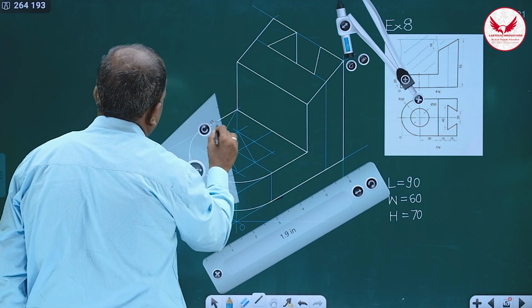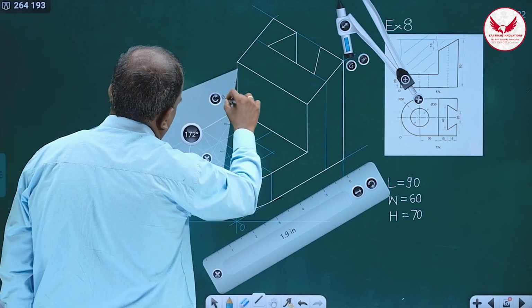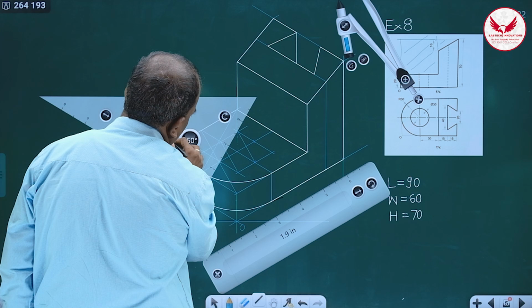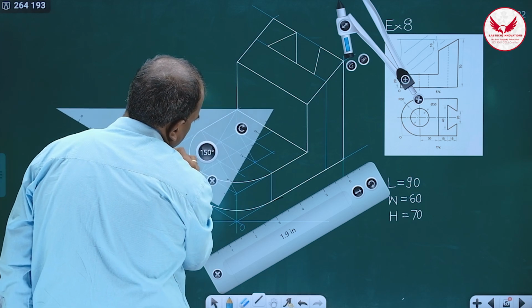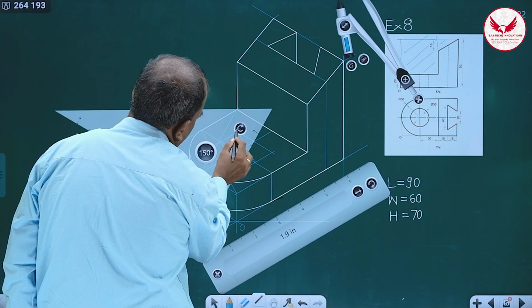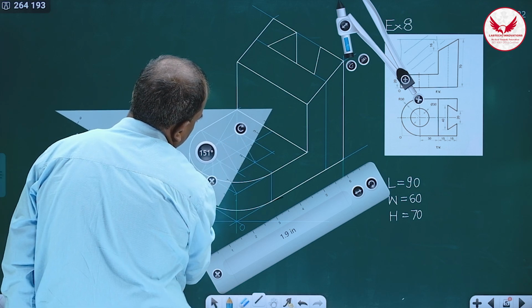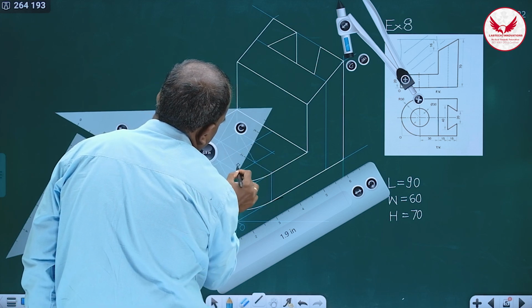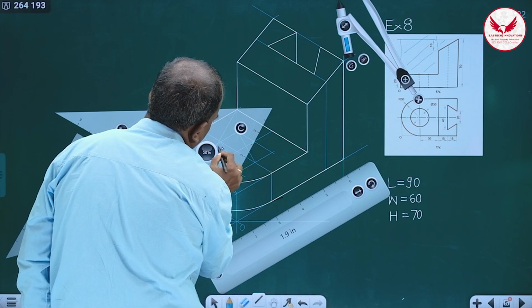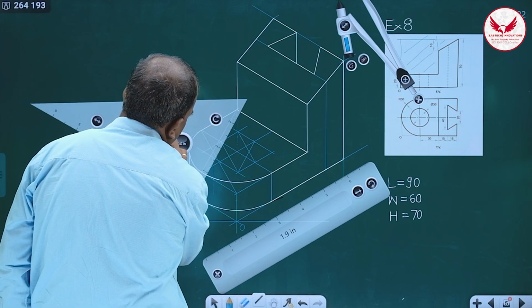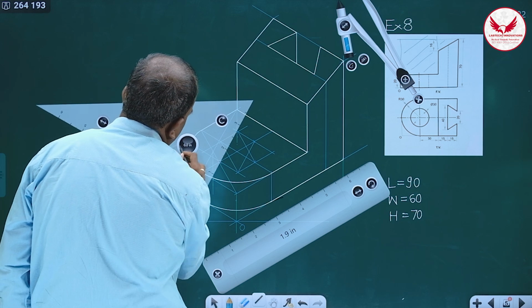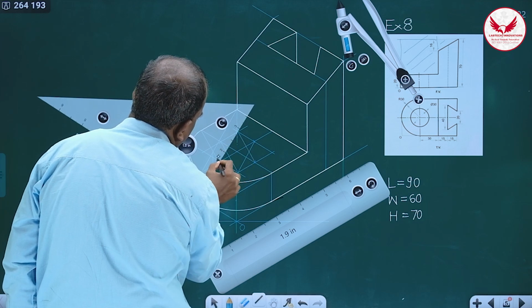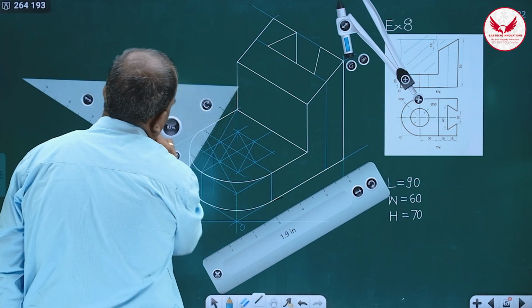Then again, we have to join this center with its opposite side's midpoint. From this center, this opposite side's midpoint.